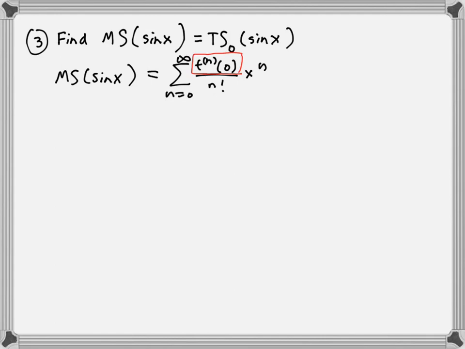So let's go ahead and do that. We have our table here. I'm going to write nth derivative at x and nth derivative at 0.